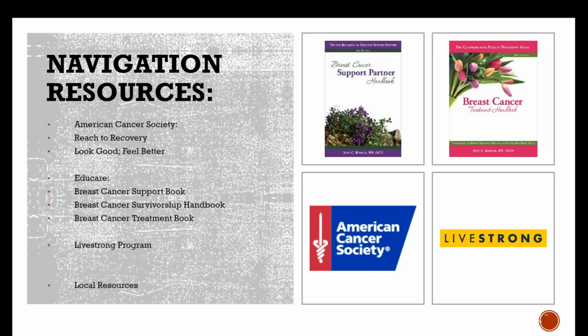Navigation resources. These are some resources that are really helpful for patients. One of the centers I worked at for THR, we got a grant, and we gave every newly diagnosed patient this book right here. It was really helpful, the Breast Cancer Treatment Handbook. And if they had a partner, we gave their partner this book as well.